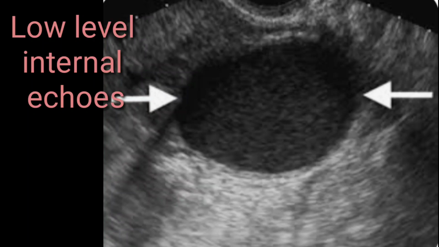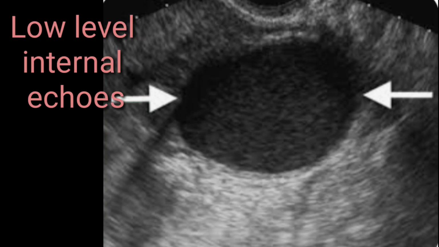Low level internal echoes are a radiological pattern. It is quite easy to appreciate on ultrasound. In case of any confusion, compare it with an organ containing fluid, like the urinary bladder or the gallbladder, and it will become obvious to you that these are low level internal echoes.